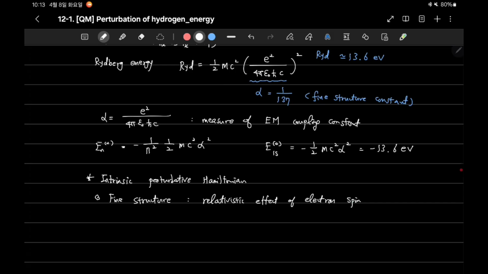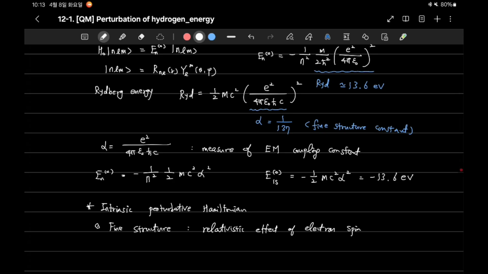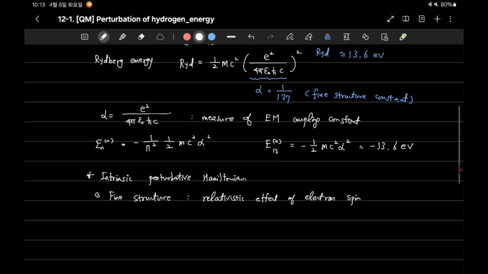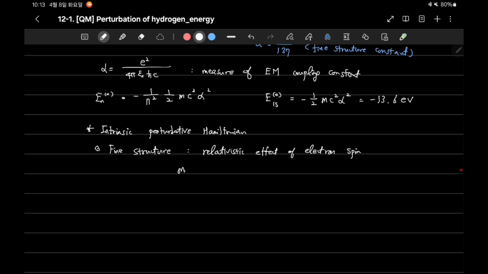This fine structure is on the order of, for example, the mc squared energy, which is 511 kilo electron volt, times alpha squared. So it is on the order of 10 to the minus 4, because the fine structure constant is on the order of 1 over 137.